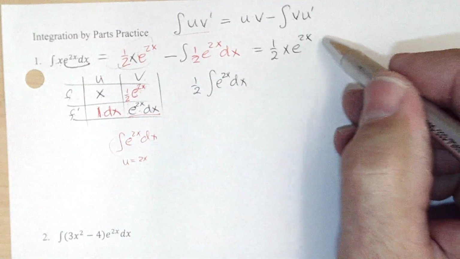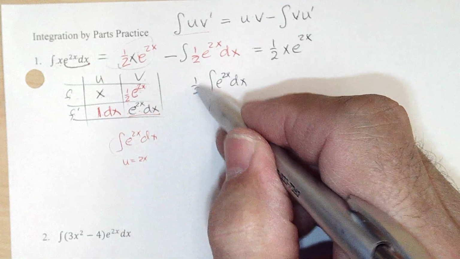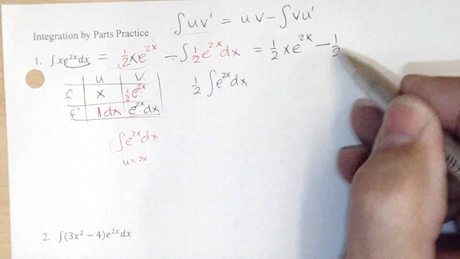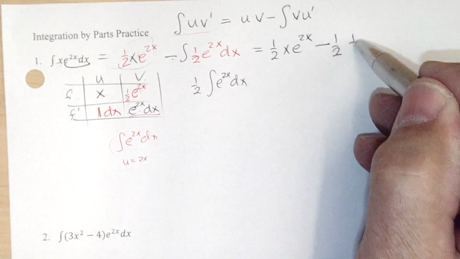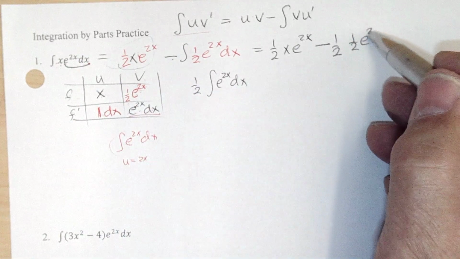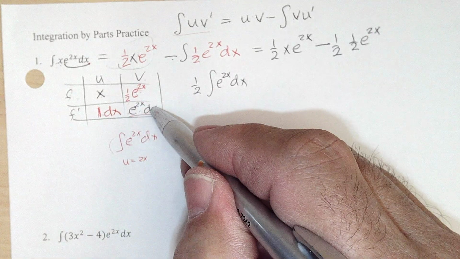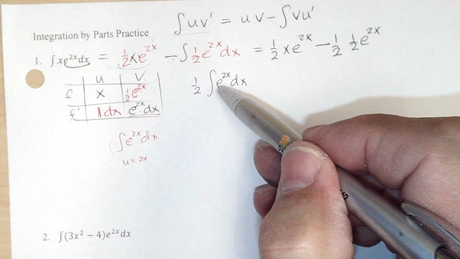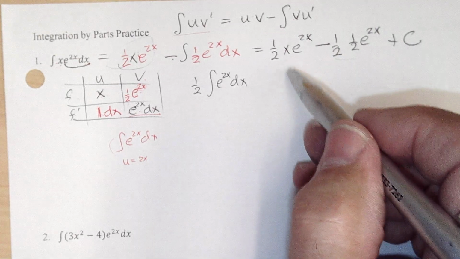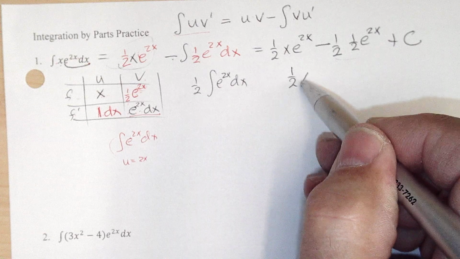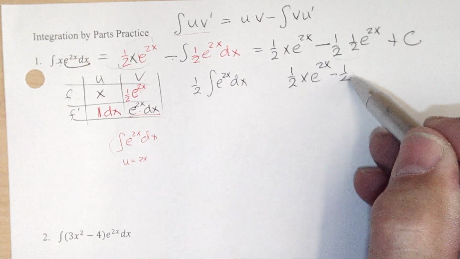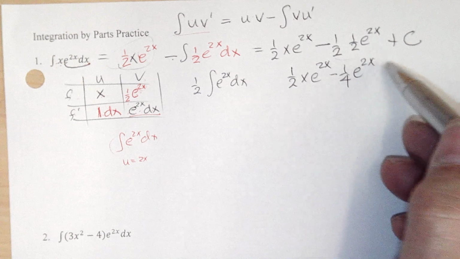It's that, so this is going to be 1/2 minus 1/2 of 1/2 e to the 2x, the antiderivative of e to the 2x, plus c. So we get 1/2 x e to the 2x minus 1/4 e to the 2x plus c.